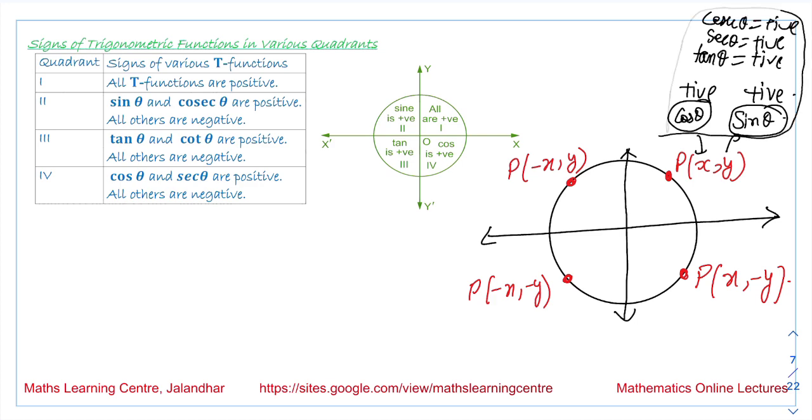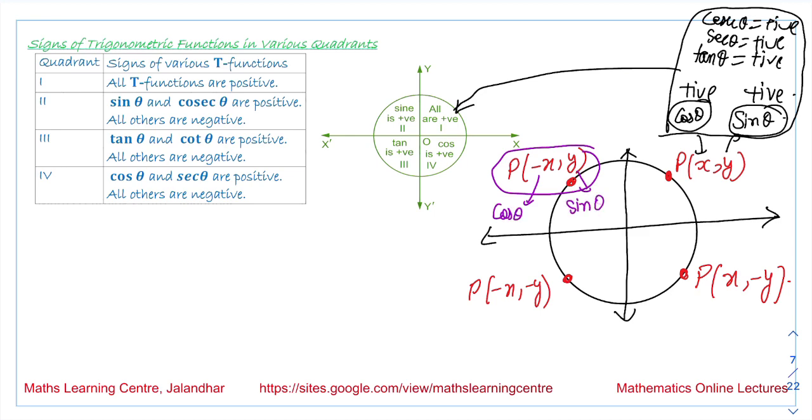And this we are writing as, in the first quadrant all trigonometric functions are positive. We are not using the word ratio, we are saying all trigonometric functions are positive. In the second quadrant this value is cos theta, this value is sin theta.